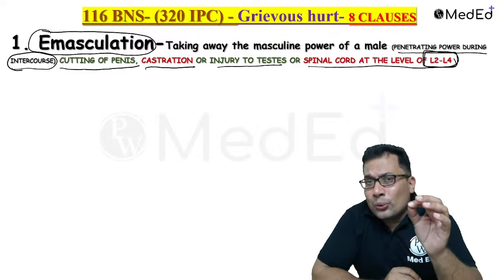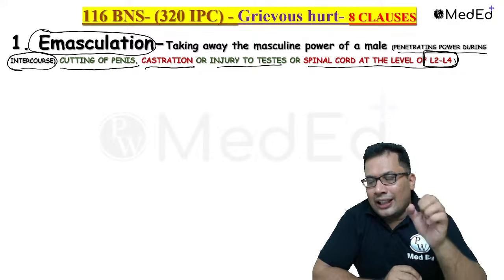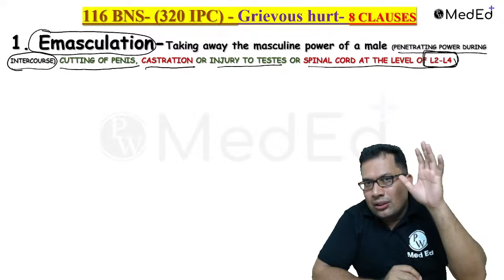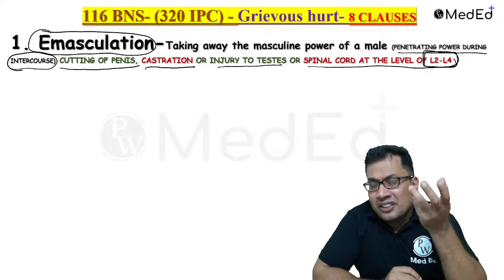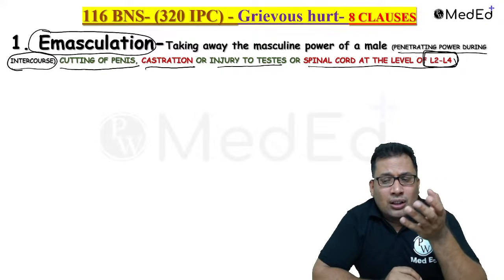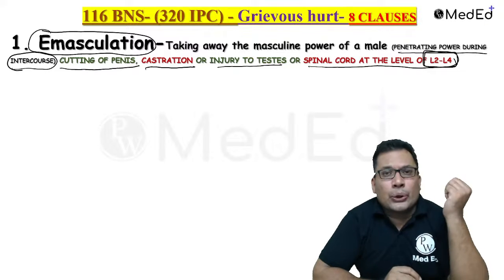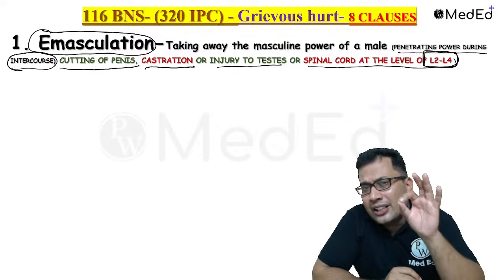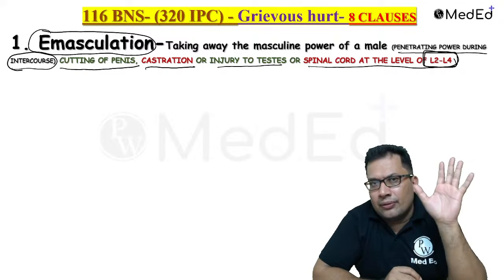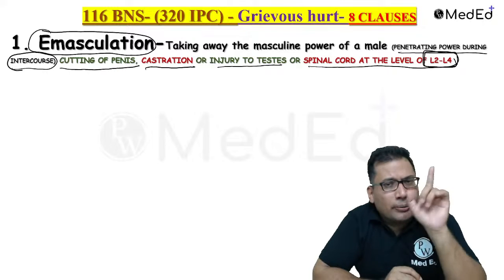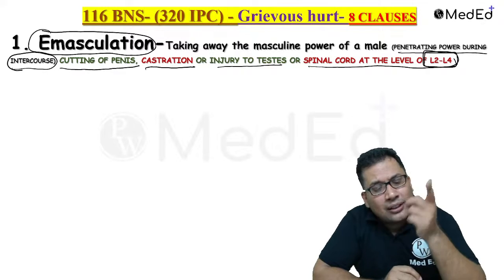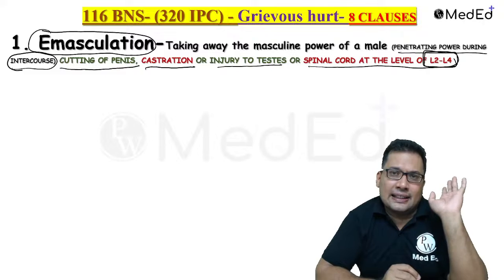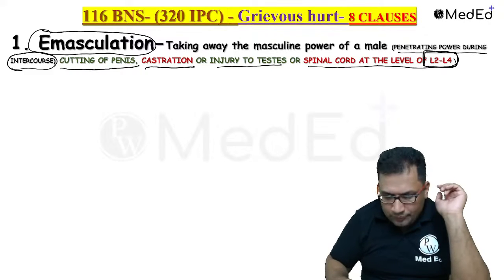Whenever there is damage to the lumbar spinal cord, for example, assault, or physical assault that leads to a lumbar plexus injury, that can lead to emasculation. So emasculation is applicable only to males. This is a question very commonly asked in the exam. What are the examples? For example, castration is good.